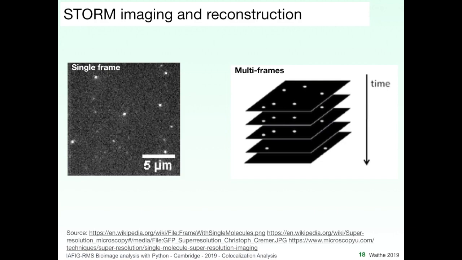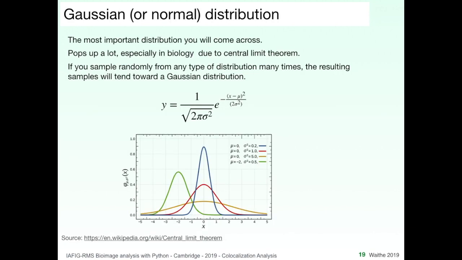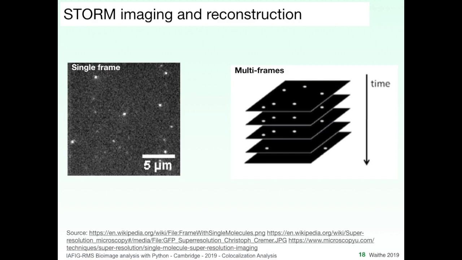In the paradigm of STORM, under these illumination, physical and chemical conditions, we have a number of blinks on our image, and over time we record frames and record where these blinks are occurring. What we want to do is fit these locations, work out exactly where they are, and measure the number of photons that we get in each case.